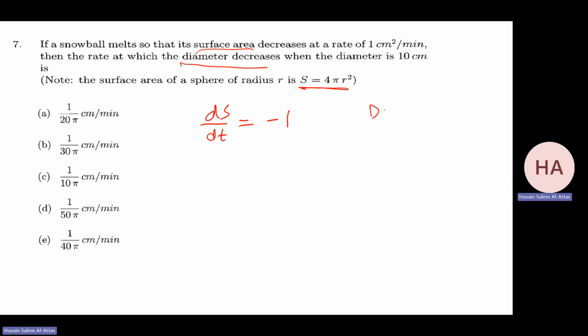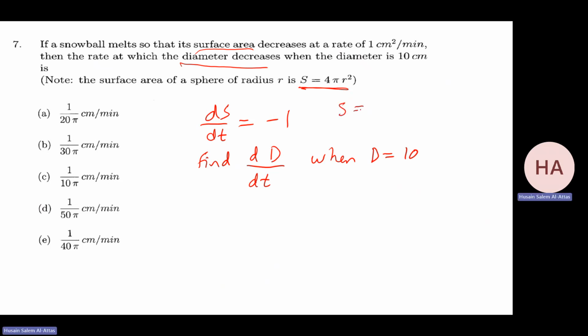I know the diameter, let me call it capital D, equals 10. So I want to relate the surface area with the diameter.